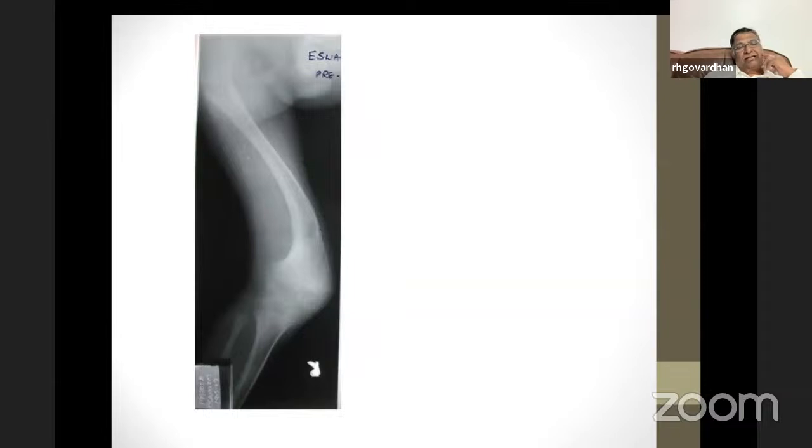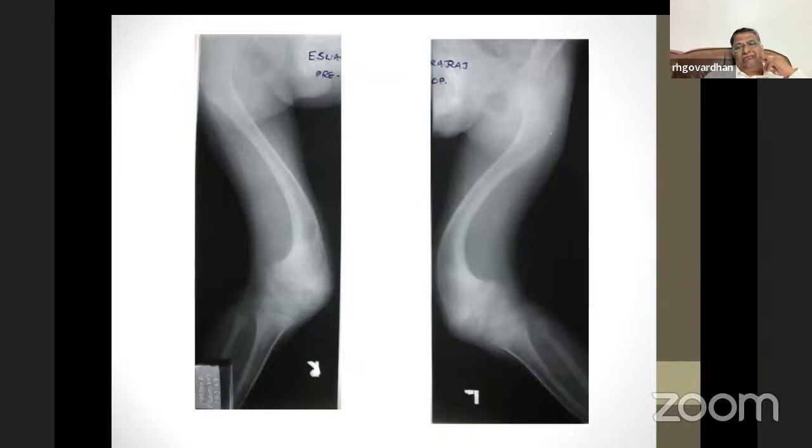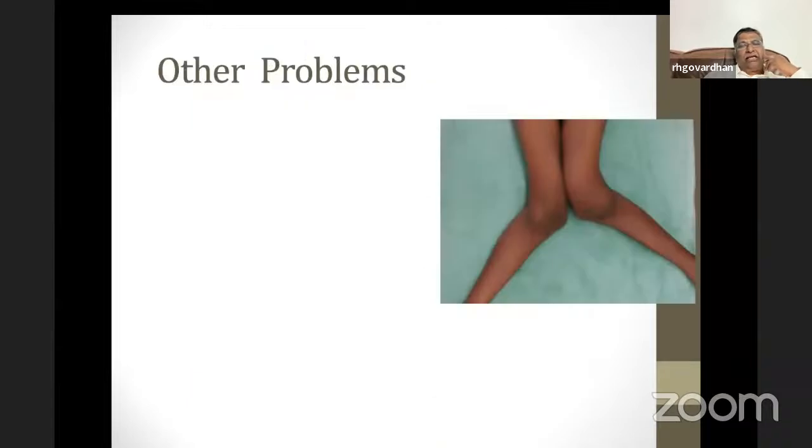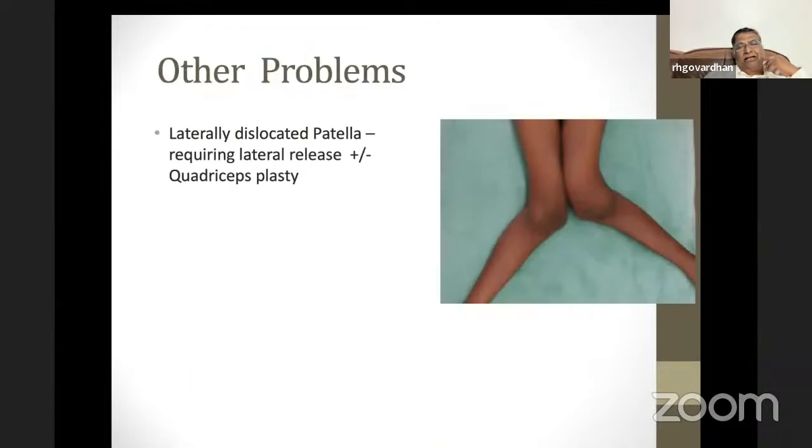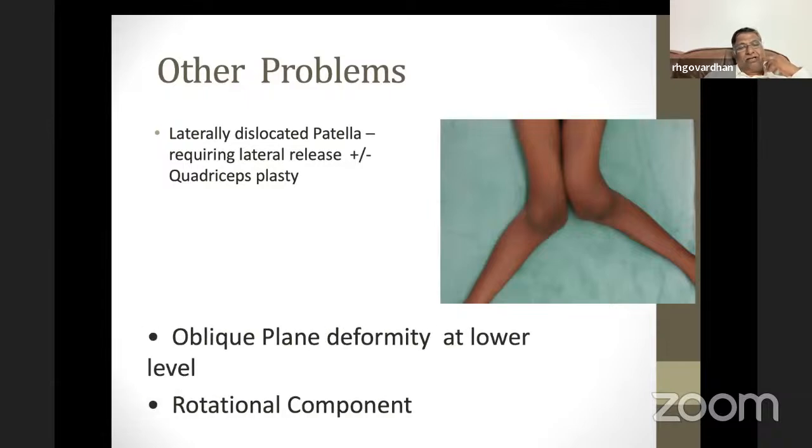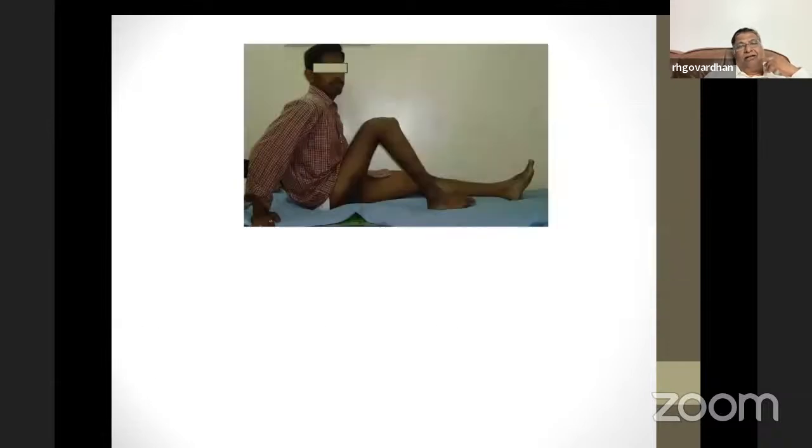So this is the X-ray of the same chap who has got something like a serpentine femur on both sides, which has got gross deformities. He has also got other problems like laterally dislocated patella and rotational component, oblique plate deformity in the lower end. One more example of a gentleman who underwent lengthening of the tibia.